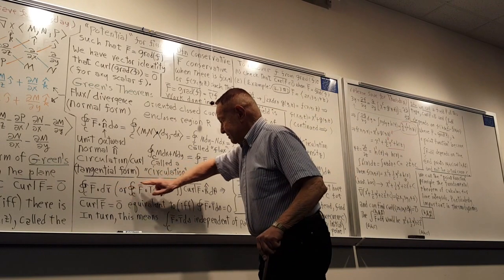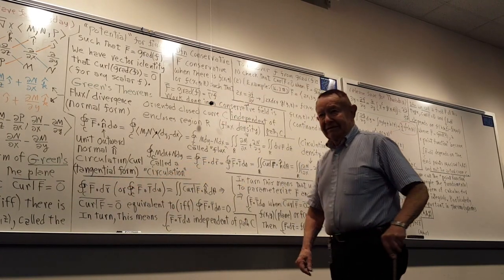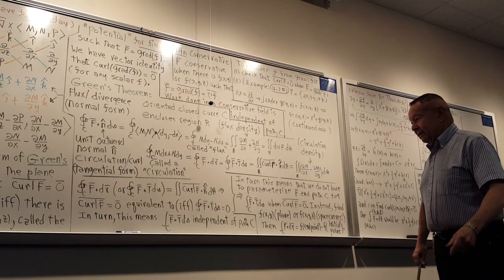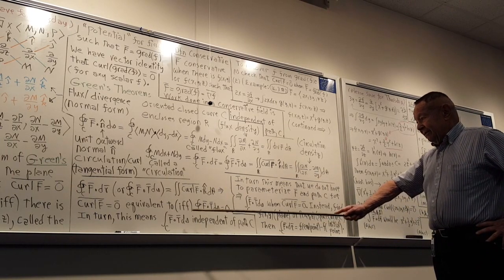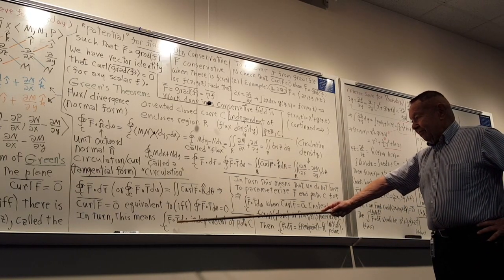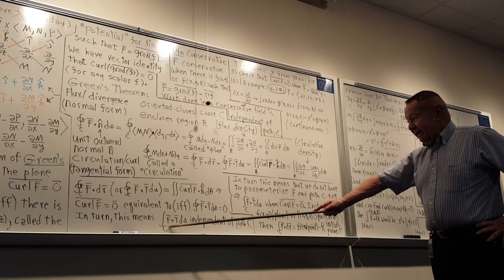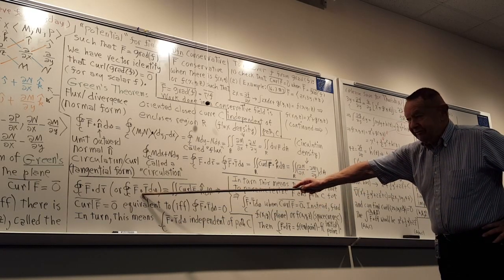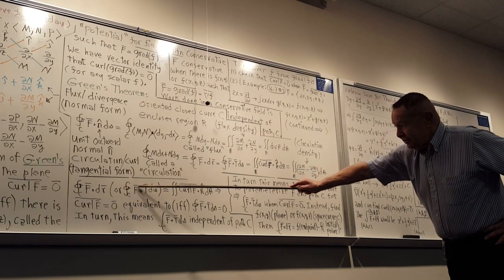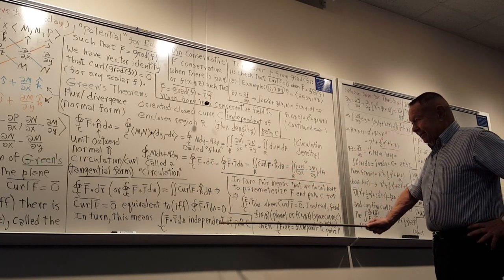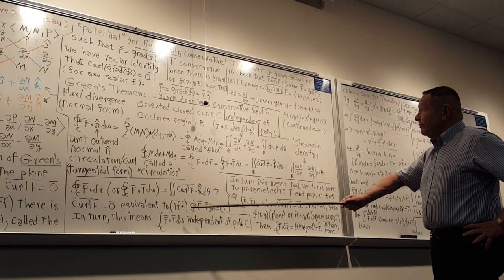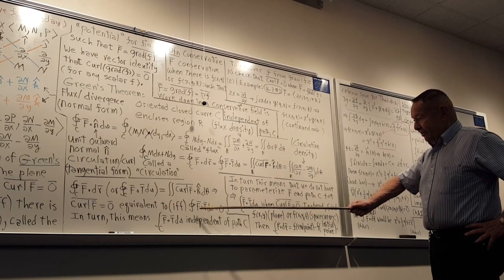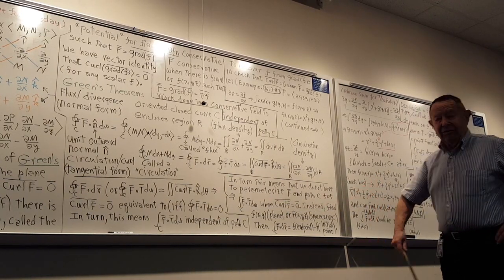These two integrals are the same thing. So that means the value of our line integral on the closed curve, when it's the tangential component, is independent of path if and only if the curl of the field is 0.